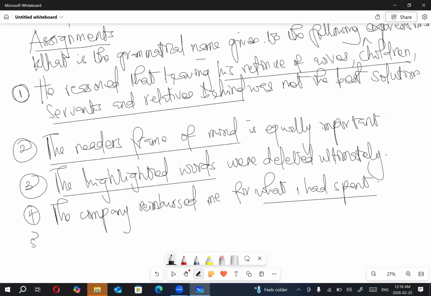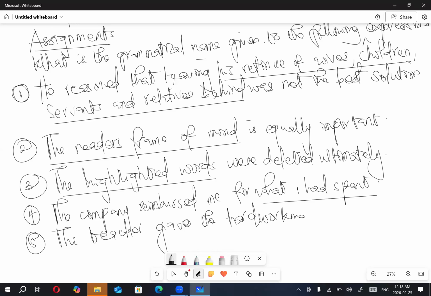Then number five, the teacher gave the hardworking student a special award. Okay, underline the hardworking student.